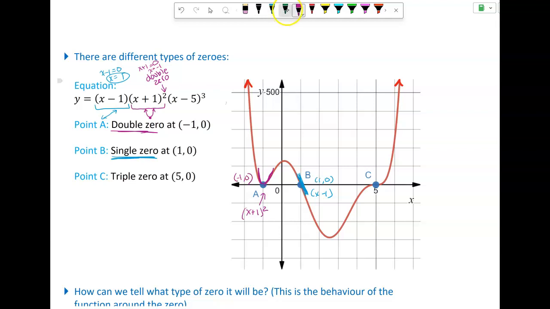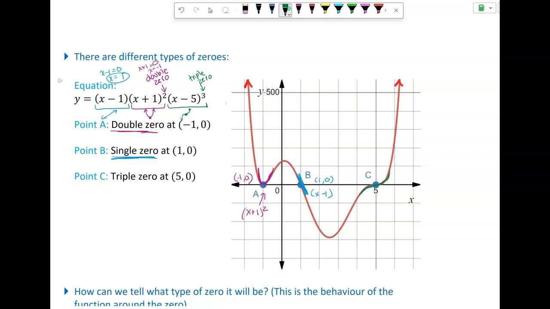And then the last one that we're going to talk about today is the triple zero, because this has an exponent of 3. This is our triple zero. Triple, like a cubic, would look something like this, right? It would hit the x-axis as it comes from one side and then continue off to the other side. So that looks like our cubic, which is right here.